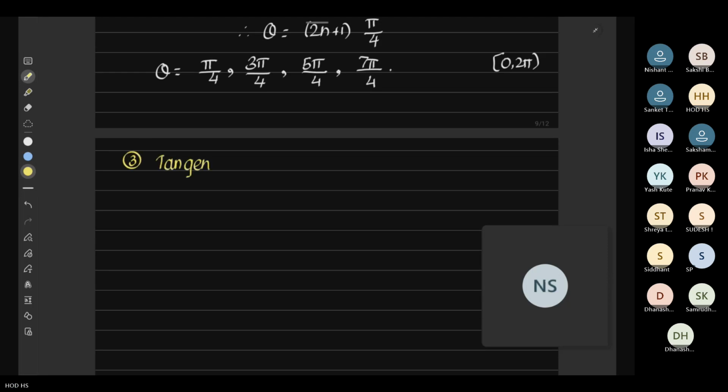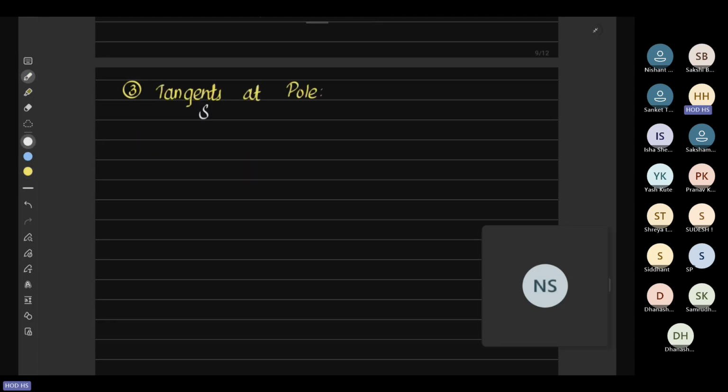Tangents at pole. So same values for pole, same values of pole acts as tangents at pole.